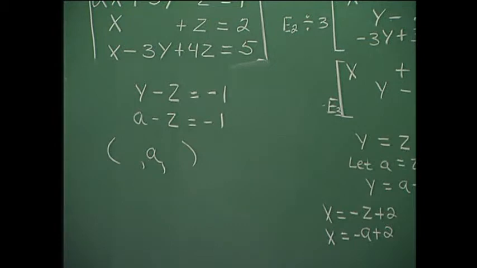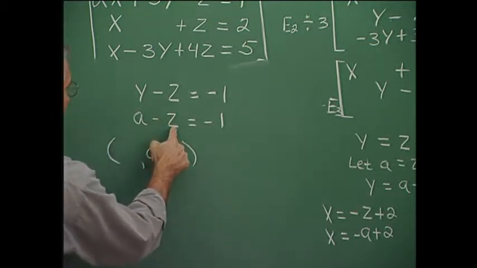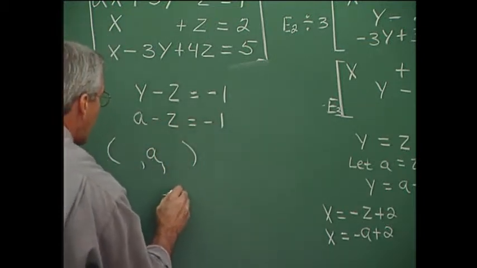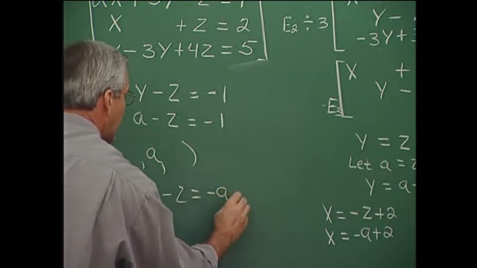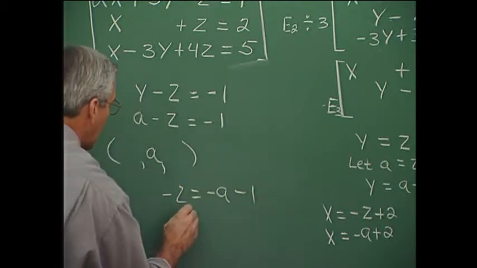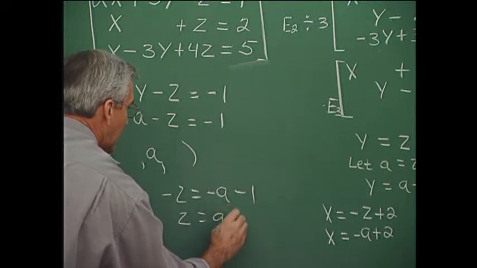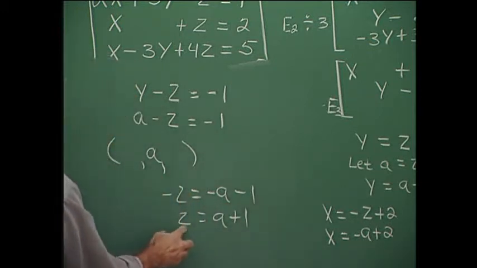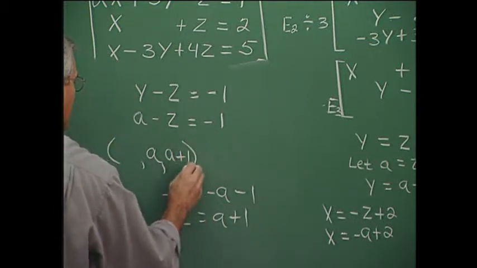Here's the A, you see, as the second element. Now, what's z? Well, let's solve this for z. We have minus z equals minus A minus 1. Multiply through by negative 1, we have z is A plus 1. So the third element is A plus 1.